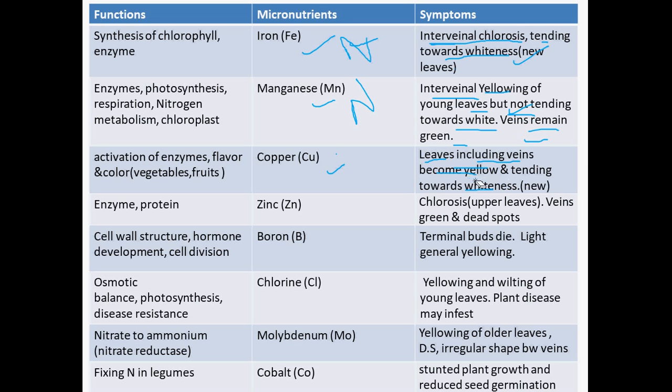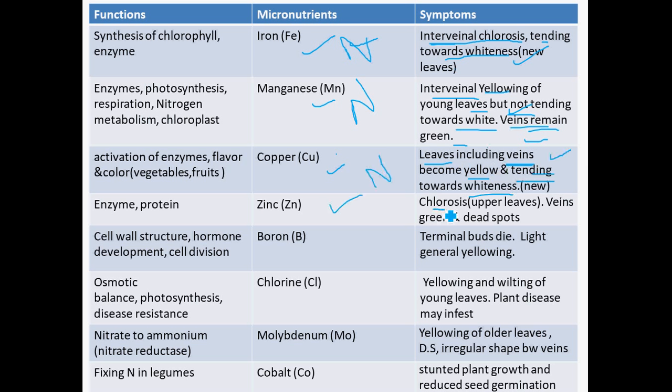So it is not interveinal chlorosis, because leaves and veins both become yellow and it tends toward white.